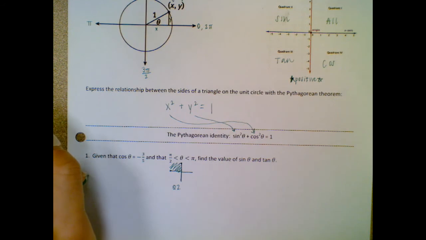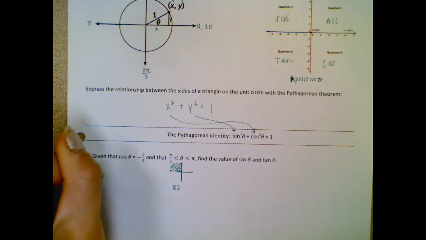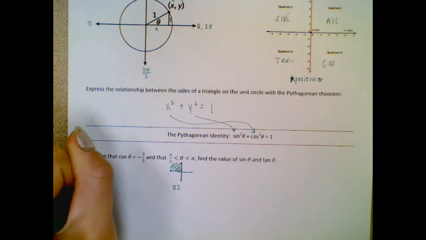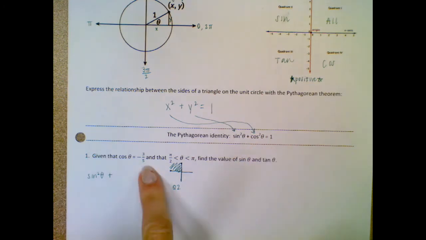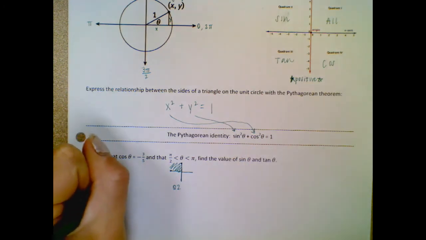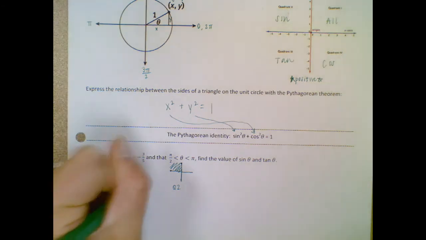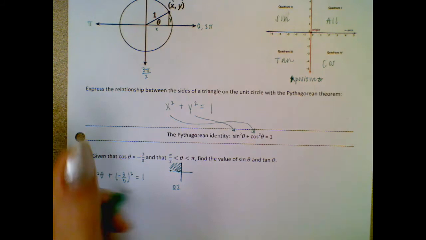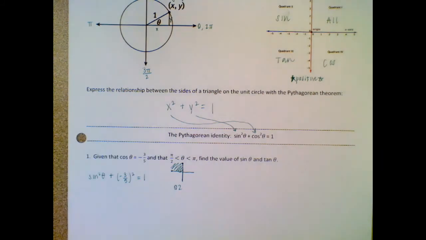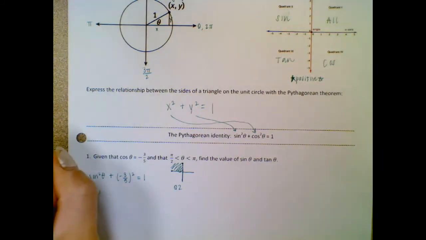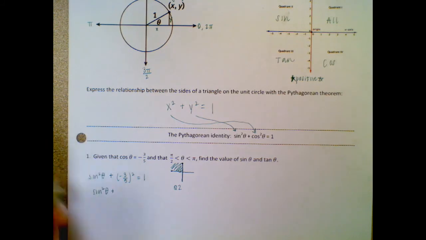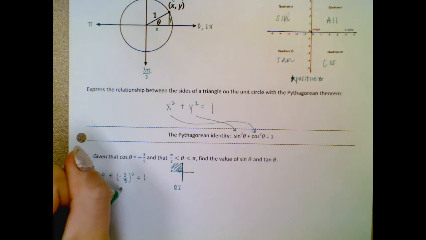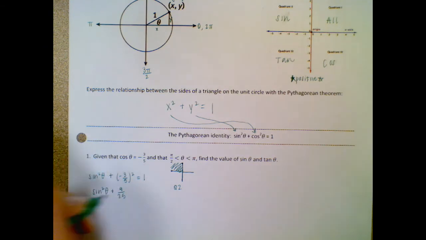Okay, so let's go ahead and try to solve for sine and tangent though. So let's see here. Let's do sine squared theta plus, I know what cosine is. Cosine is -3/5. So (-3/5) squared equals 1. All right, and we're just going to go ahead and simplify down to sine. All right, so sine squared theta plus, 2 negatives multiplied by each other make a positive, 3 squared is 9, 5 squared is 25, equals 1.